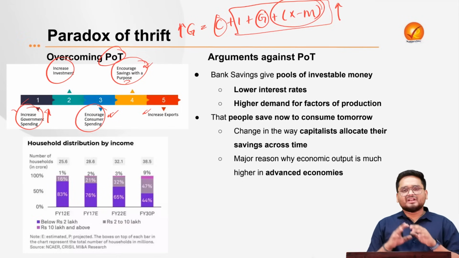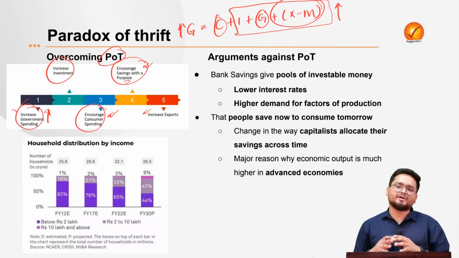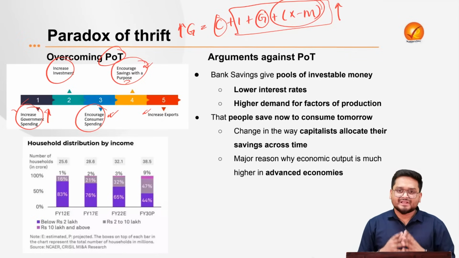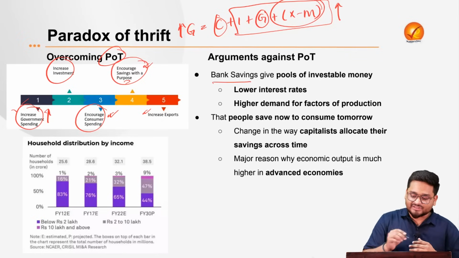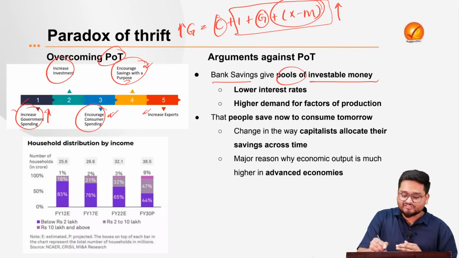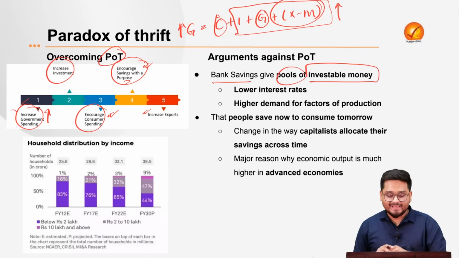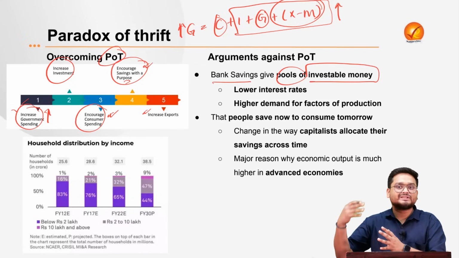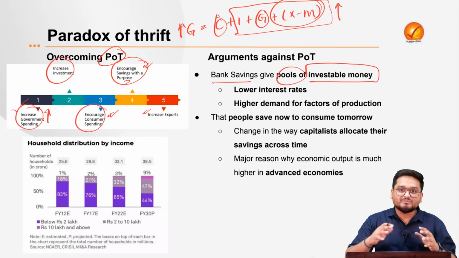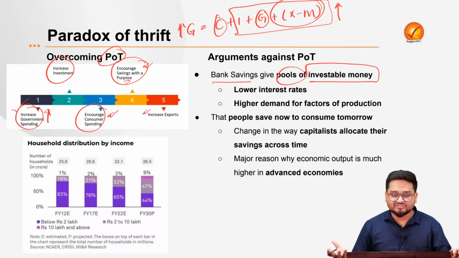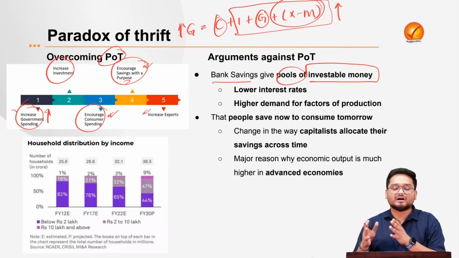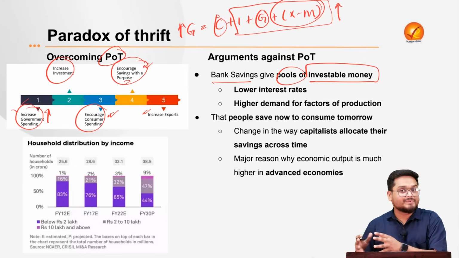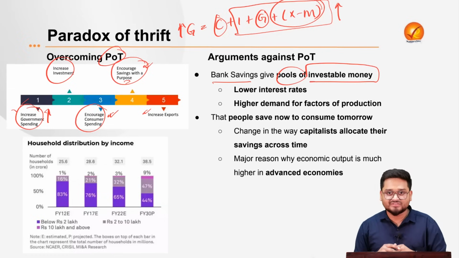And here, there are some economists who do not agree with the paradox of thrift at all. They say that the bank savings actually give a pool of investable money for the business houses. That means that whenever the people are saving more and more with the banks, banks have more and more funds to give to individuals, to businesses, to many other opportunities who will be investing in some other kind of businesses.